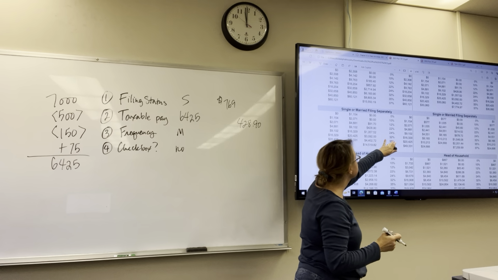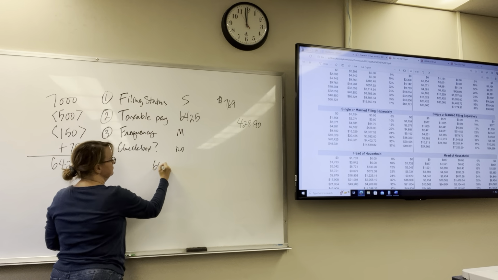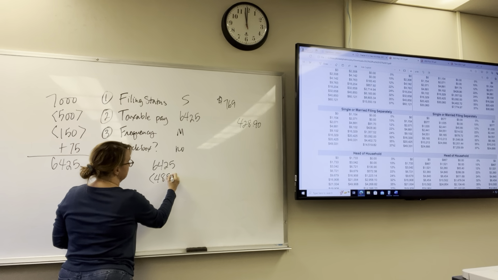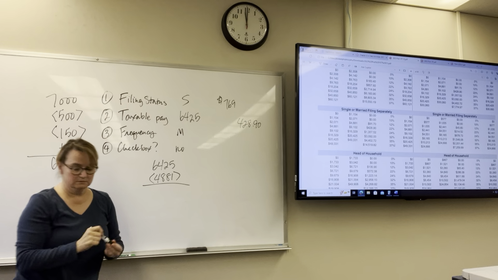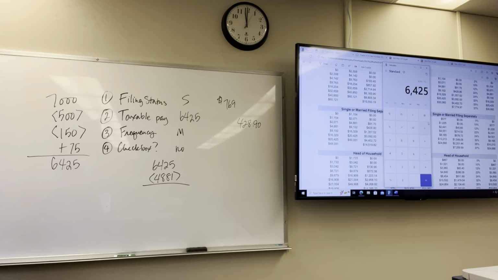And then 22% of the amount over 48.81. So 64.25 minus 48.81. $1,544.